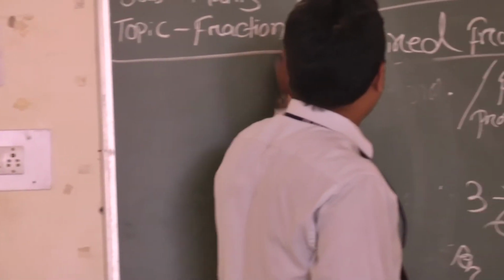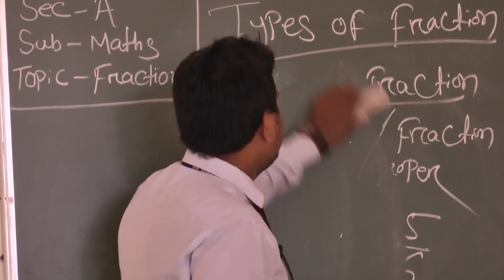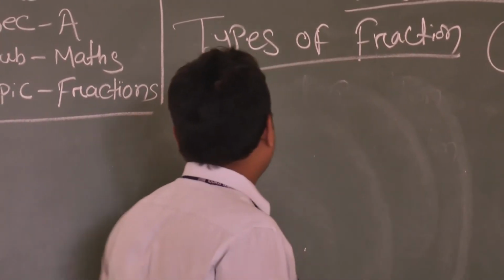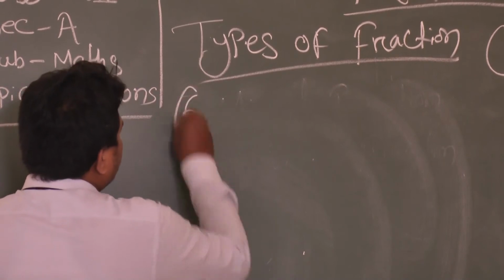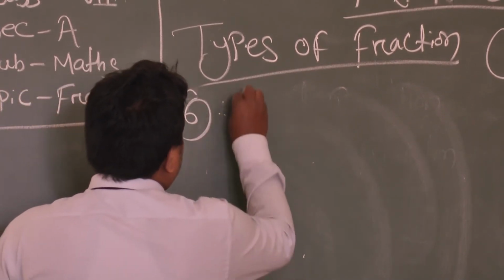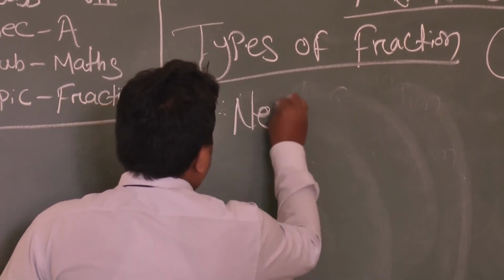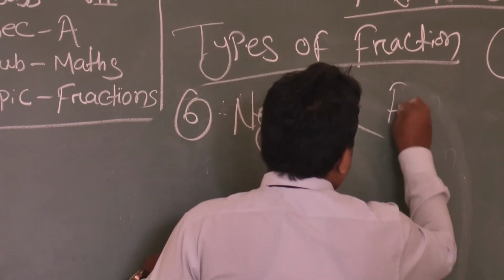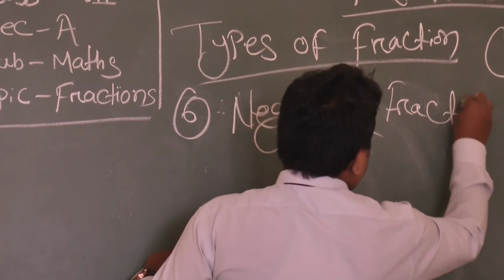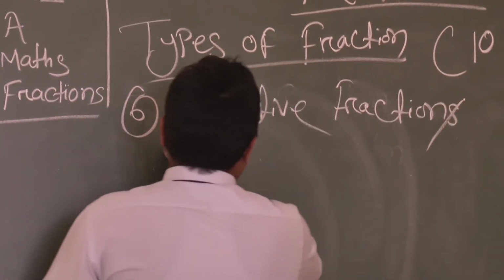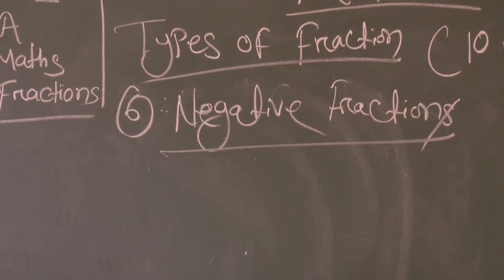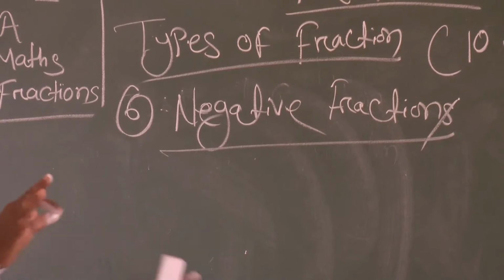Now we will discuss the sixth, that is negative fractions. It's very easy to recognize negative fractions. What do you mean by negative fractions? Negative fraction means before any fraction, a negative or minus symbol will be there.